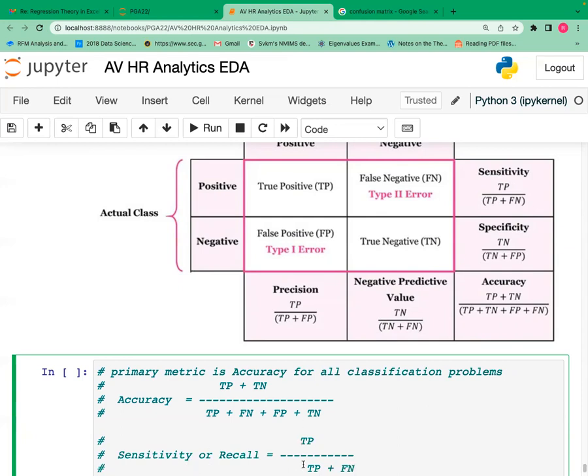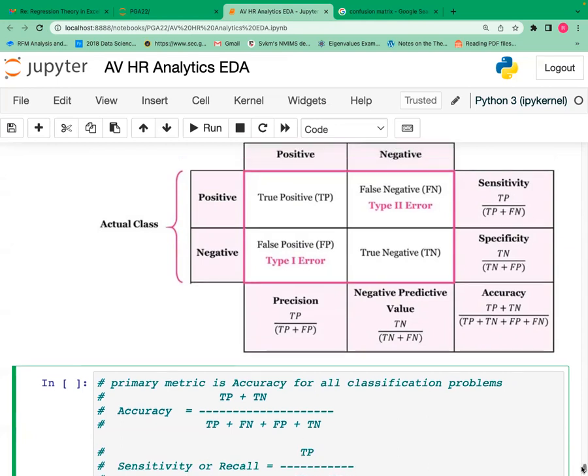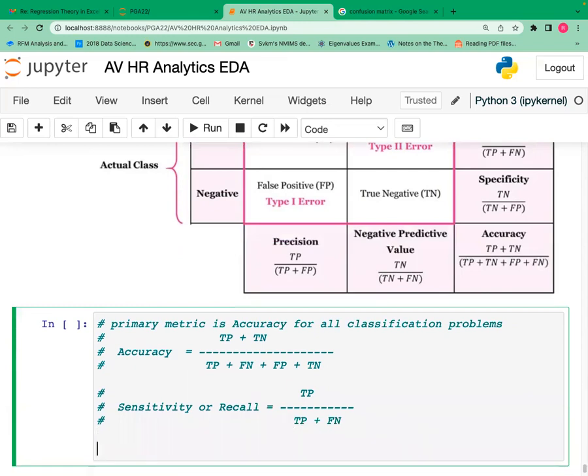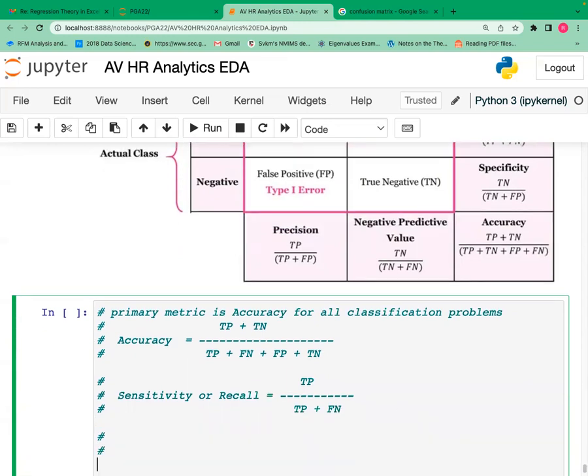Specificity is another formula which we are interested in. Specificity is equal to true negative divided by true negative plus false positive.